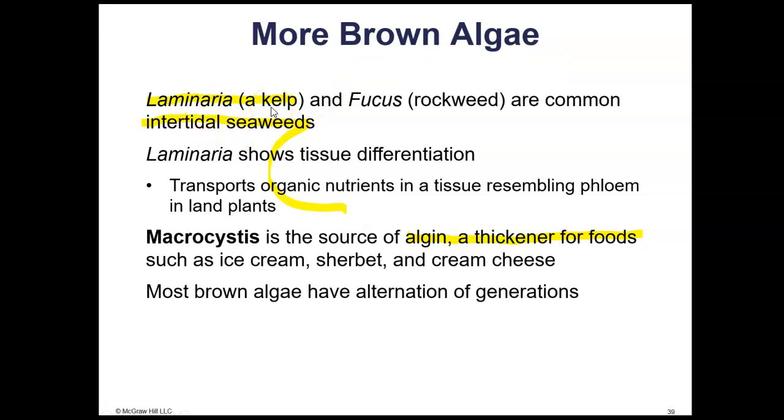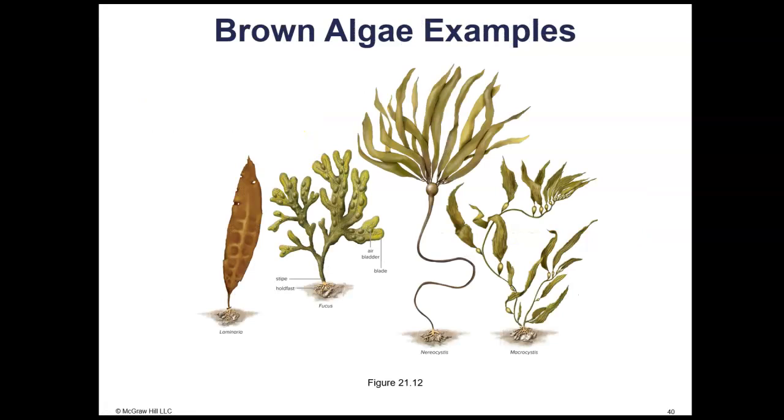Laminaria is a kelp, a type of kelp, common in the intertidal seaweeds. They can be used as a thickener for foods like ice cream. There's some examples of brown algae.